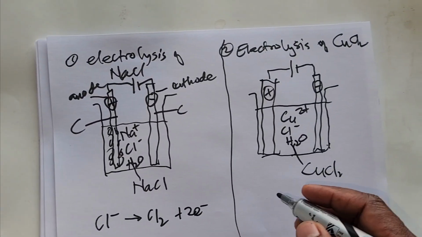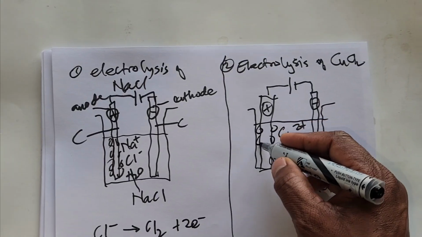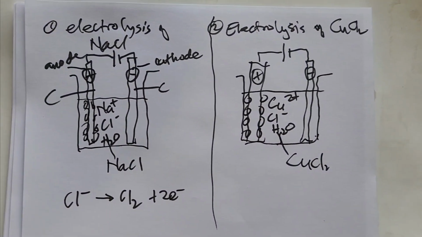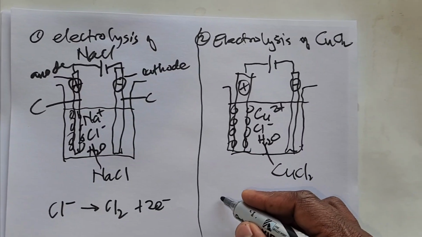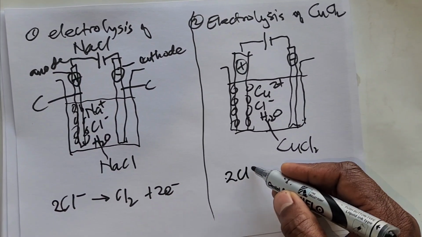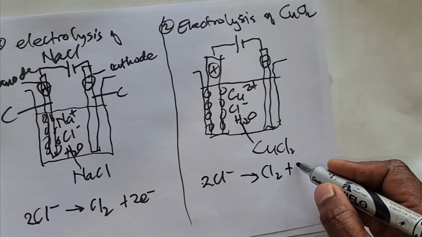Same thing with the copper cell: the negative ions will be attracted to the anode, because chloride is the only species that can undergo oxidation. Therefore, 2 chloride ions will be oxidized to form chlorine gas.